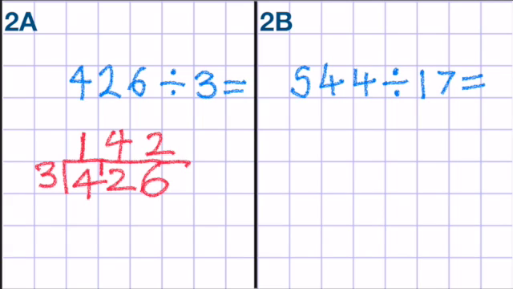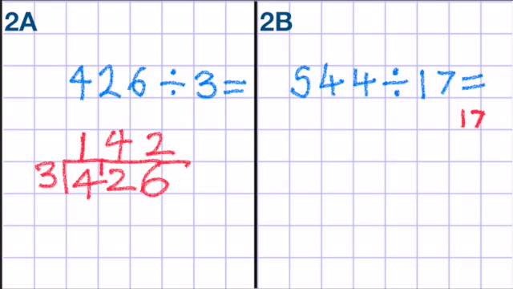Okay, so for 2B, it's divided by 17. I'm not going to do the chunking method here. I am going to do a separate video playlist about the chunking method, so I will let you know when that is available. So for now, we don't know our 17 times table. So we're going to write out the first 3 multiples of 17 and see what we get.